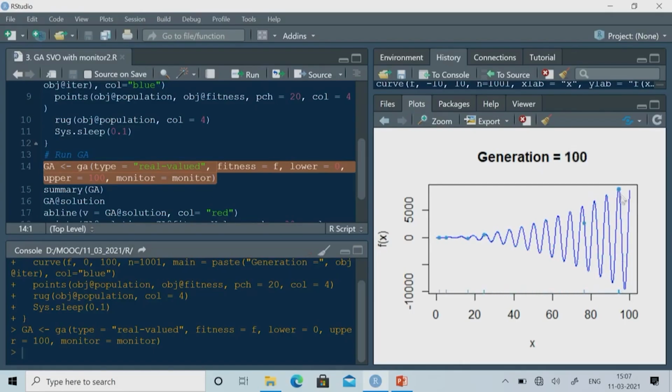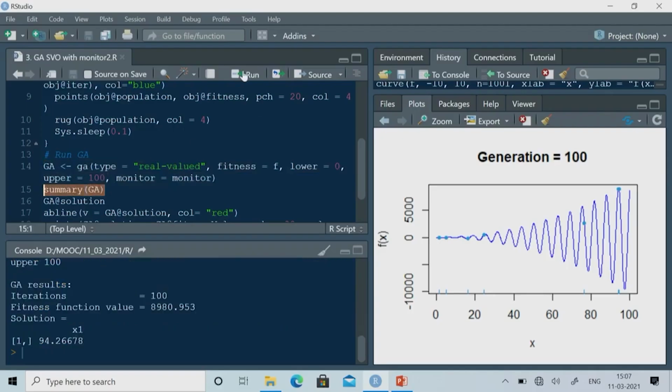You can see the global maxima is somewhere here, and this is the solution I got. Finally, you can see the GA summary, and the solution is 94.26678. This is the point actually, 94.26678, and I can see the GA solution.